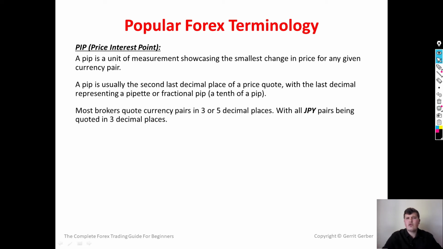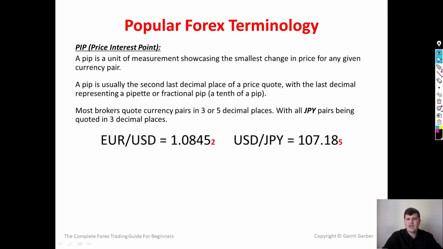Most brokers quote currency pairs in 3 or 5 decimal places, with all of the Japanese yen pairs being quoted in 3 decimal places. Now, here are 2 examples of currency pairs that you'll find in the forex markets and the individual price quotes, namely the Euro USD with its price quote of 1.08452 and the dollar Japanese yen with its price quote of 107.185.